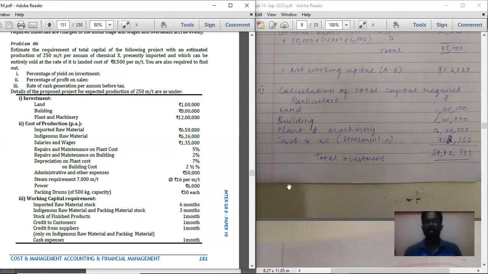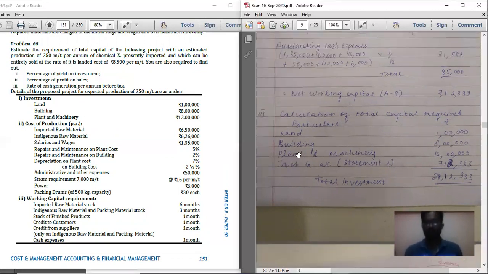So first put statement number 3. For percentage of yield on investment, we need the total investment which has been invested in the business. So statement number 3: calculation of total capital required, or total investment required.